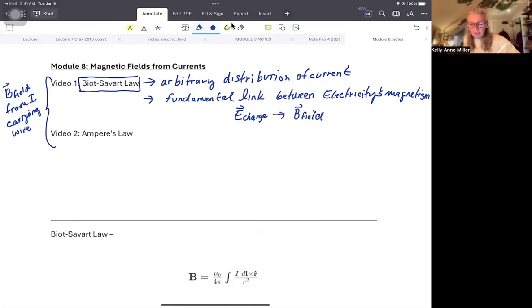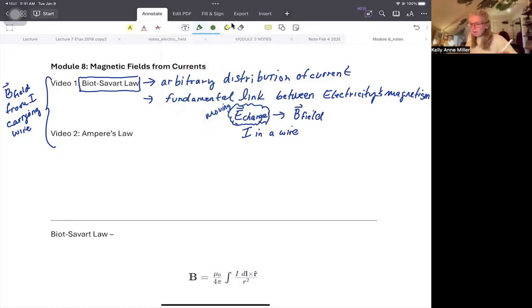And the electric charge in this context is moving electric charge, obviously, in the context of current in a wire. Okay. So that's the Biot-Savart law.